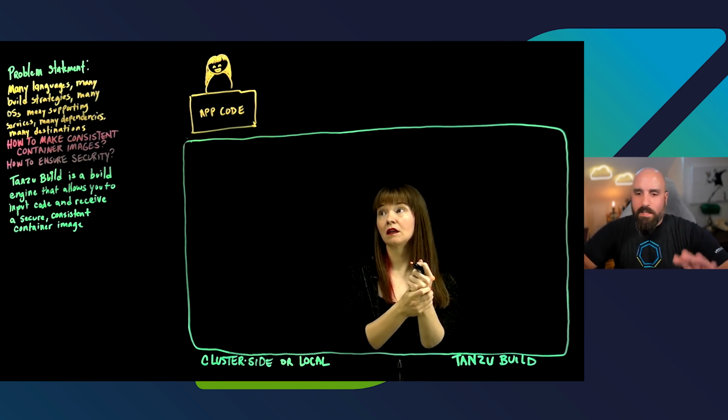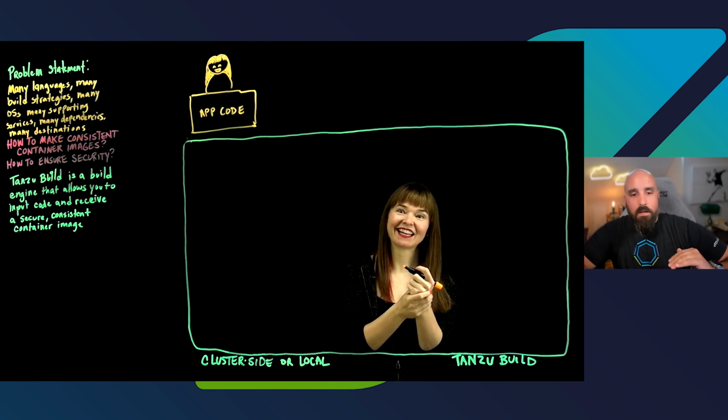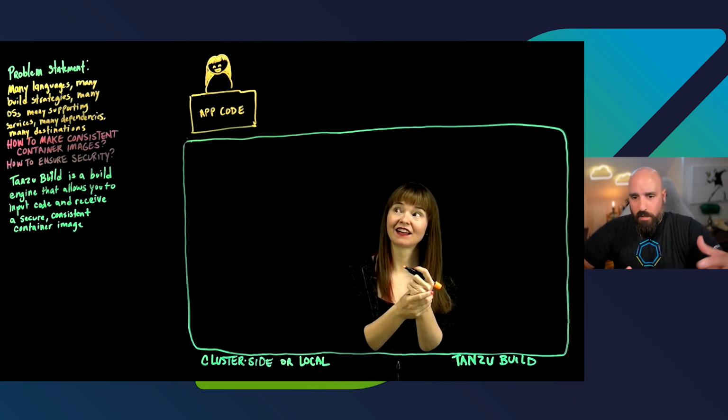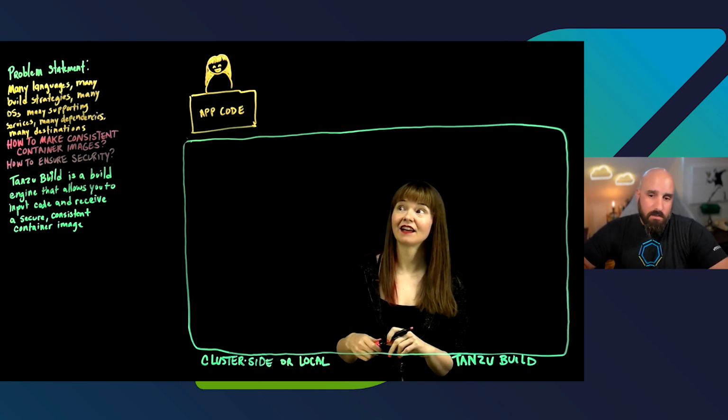So before you write anything, I went over the process, right? Now let's see how it actually goes. Because we will focus on cluster side build, let's talk about the process itself. In the process, as an organization, you will probably have supply chains.